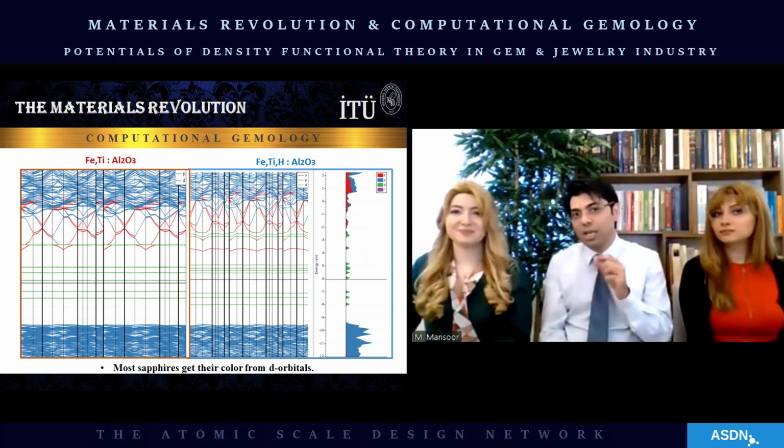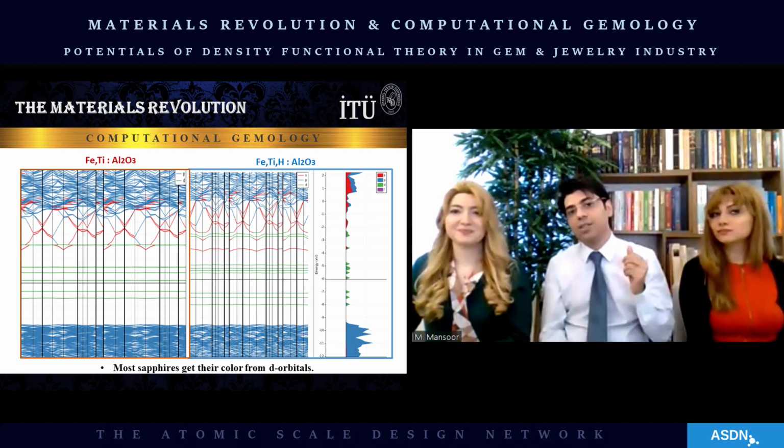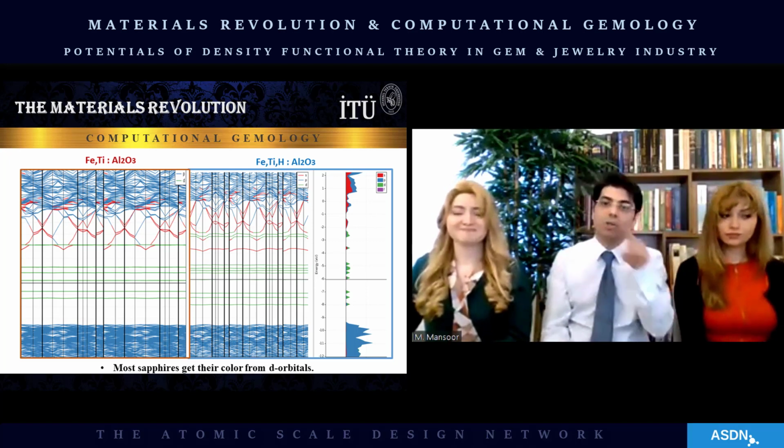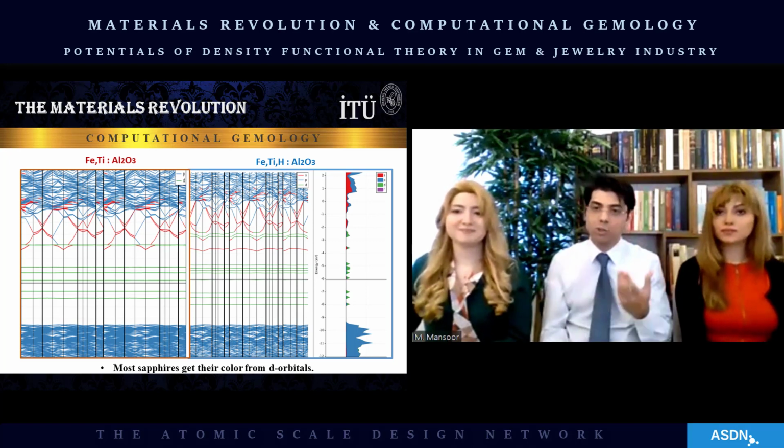Currently, in the gemological literature, there is a serious lack of knowledge when it comes to the interactions of defects and interactions of particular elements with the known defects which are important in the gem and jewelry industry.